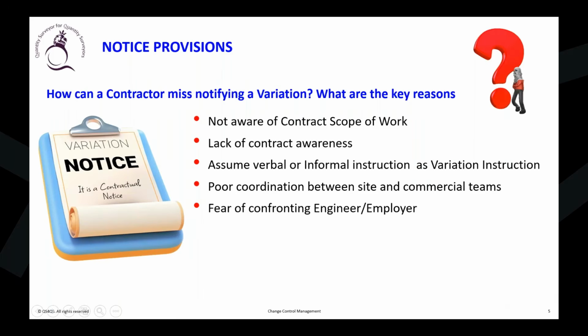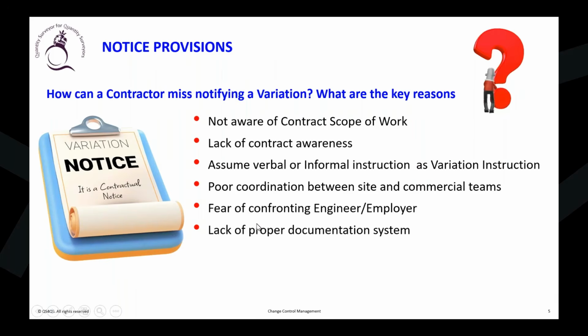Then you may have misunderstood the weightage of that particular event, how much additional money and delay you are going to incur. So you are losing the entitlement because you want to be a good person to the employer. Or documentation wise, you don't have proper documentation. So therefore you cannot prove it, even though you have the entitlement.